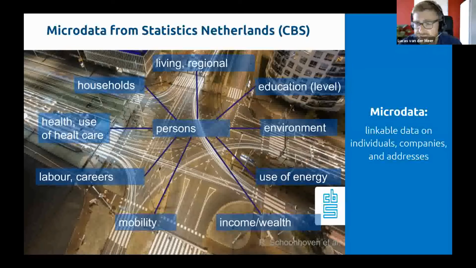And the Dutch registers, or the Dutch microdata, are of very high quality, and everything can be linked to each other. For instance, at the bottom right, the use of energy can directly be connected to a person, because use of energy is connected to a household, and each person has a household.